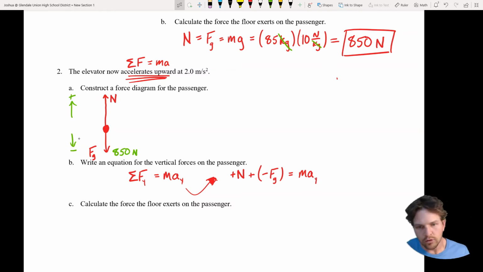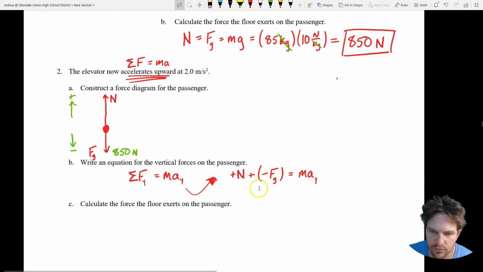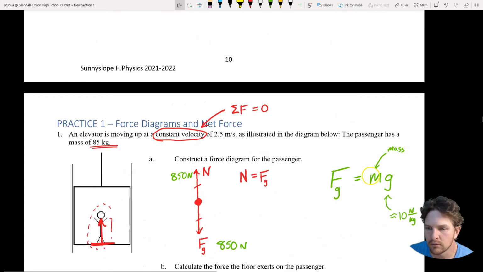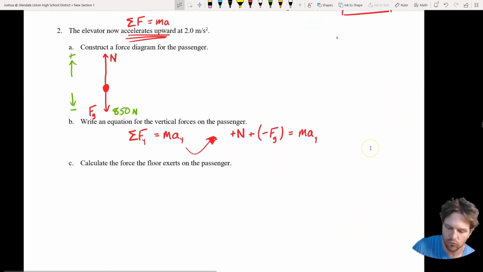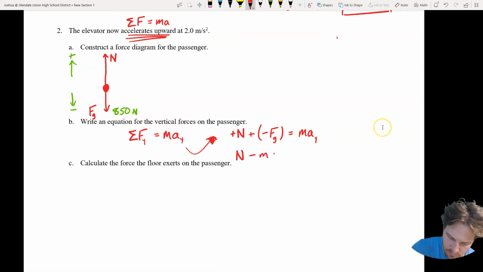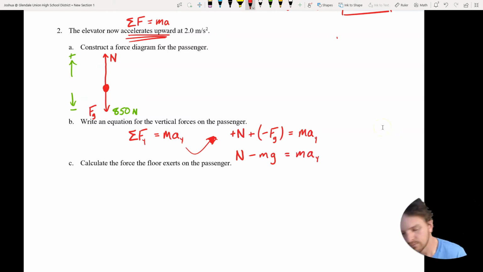Now, one little trick, okay? As soon as we know Fg, generally you can just replace that with mass times gravity, the term mg right there. So let's rewrite it real quick. N plus, minus is negative mg equals mass times acceleration in the y direction.